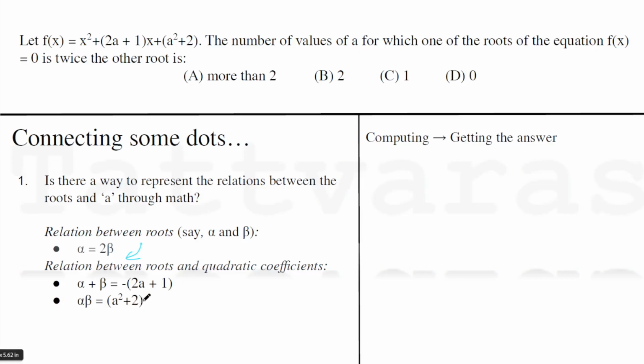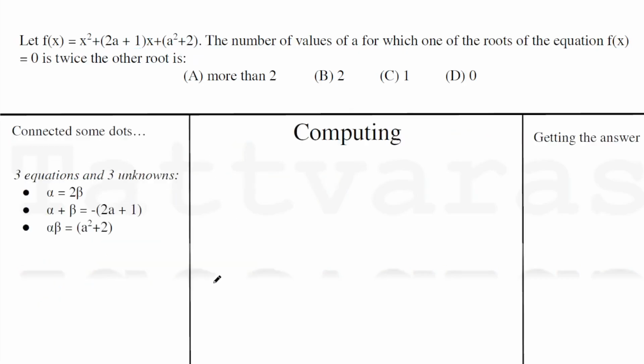And more than that, we have these two prominent identities coming from quadratics, and they are as follows. Sum of the roots is going to be negative of the coefficient associated with the linear term x here, and product of the roots is going to be the constant term in the quadratic.